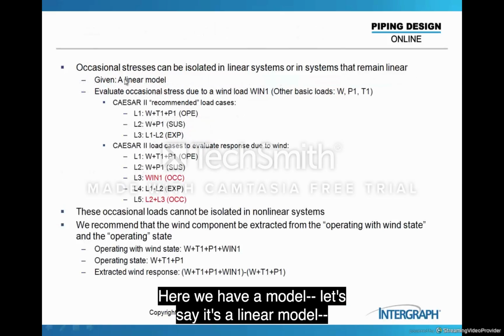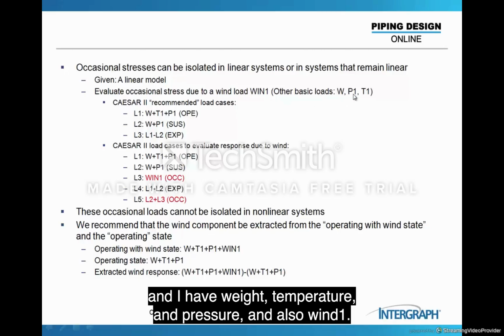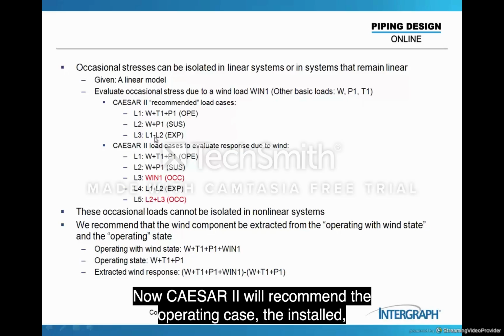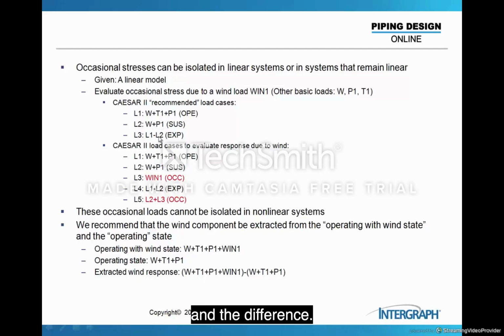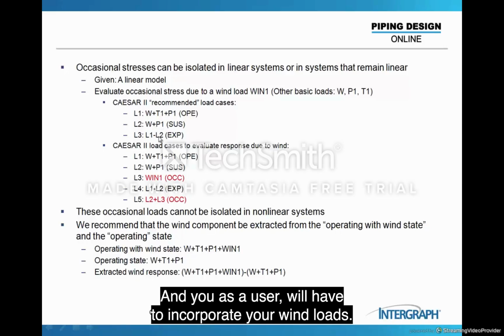Here we have a model. Let's say it's a linear model, and I have weight, temperature, and pressure, and also wind 1. Now, CAESAR II will recommend the operating case, the installed, and the difference, and you as a user will have to incorporate your wind loads.